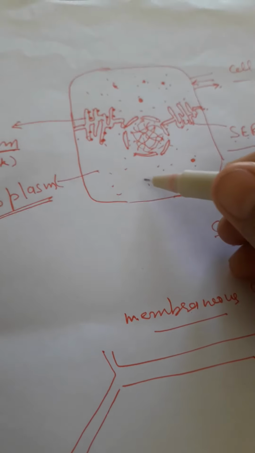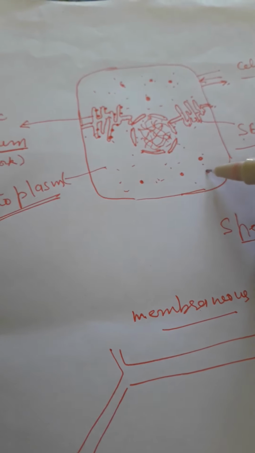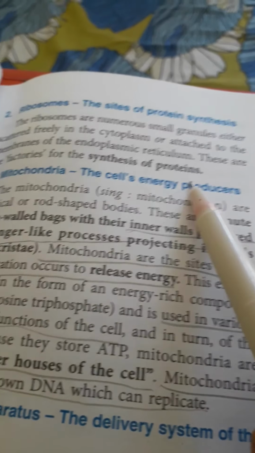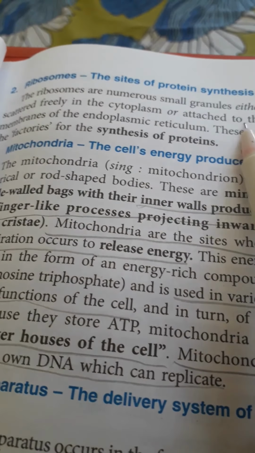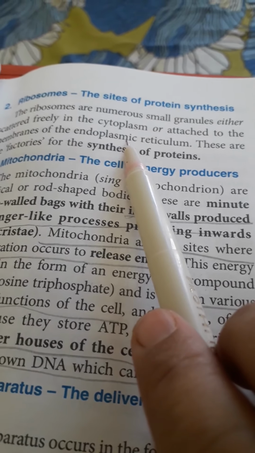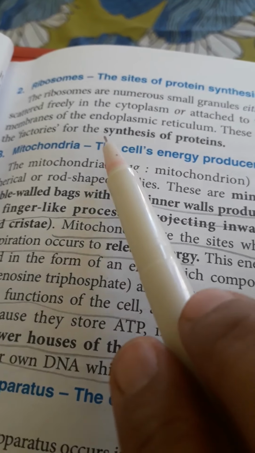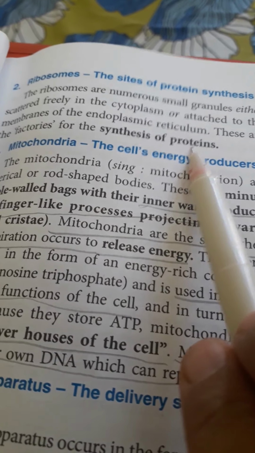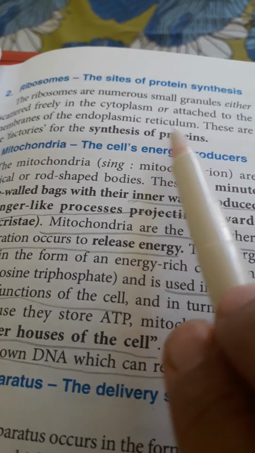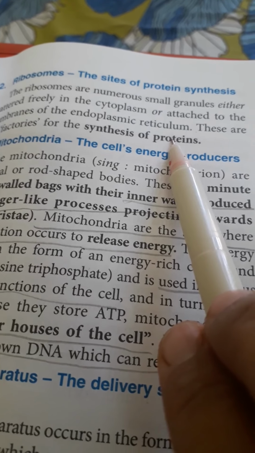Ribosomes are small granules that help in protein synthesis. You can refer to your book. They are numerous small granules, either scattered freely, just like we have drawn now, or attached to the endoplasmic reticulum. They are called protein factories because they help in the synthesis of protein. Is it clear?